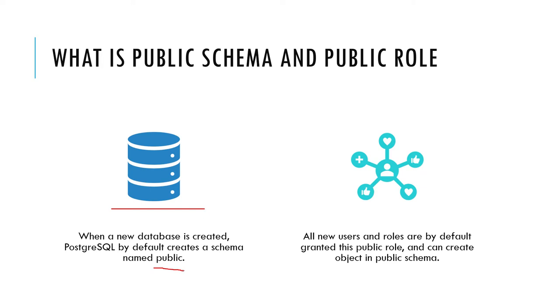That means a user who has access to this particular database will be able to select or create the objects in that particular schema. By default, the design is like that. So all the new users and roles have the default access to the public role, and they can create the objects in the public schema, which is not good.